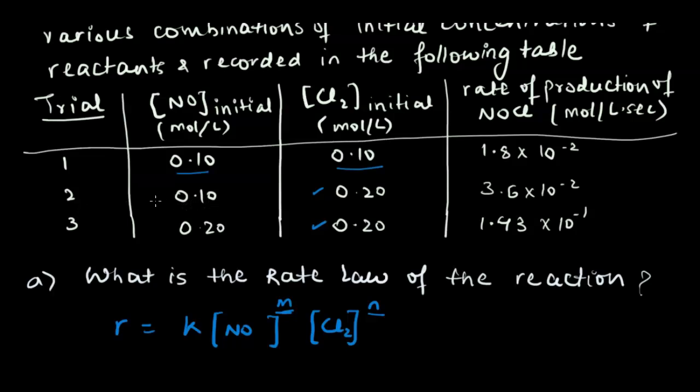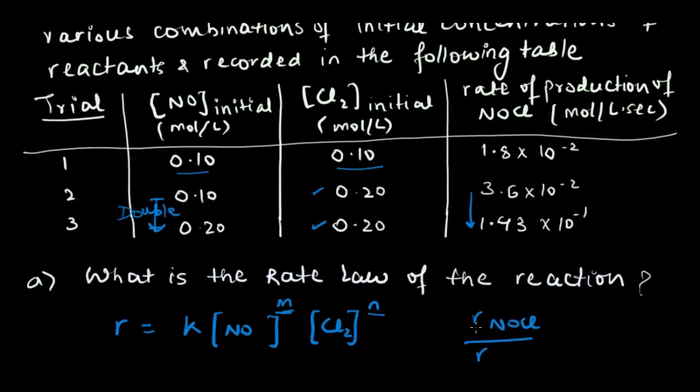We see in trial 2, nitrogen oxide concentration is 0.10. In trial 3, nitrogen oxide concentration is 0.20. When it goes from trial 2 to trial 3, it becomes double. Now we compare this to the rate. What happens to the rate when the concentration of nitrogen oxide is doubled? To compare this, we take the rate of trial 3 and the rate of trial 2 and divide them.